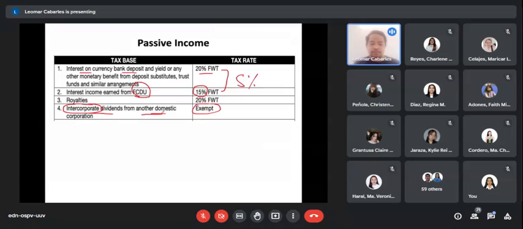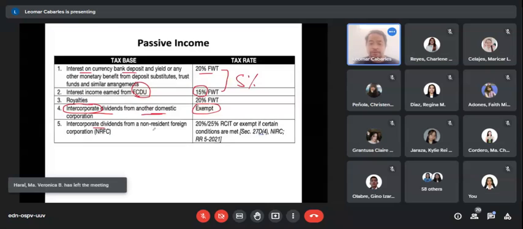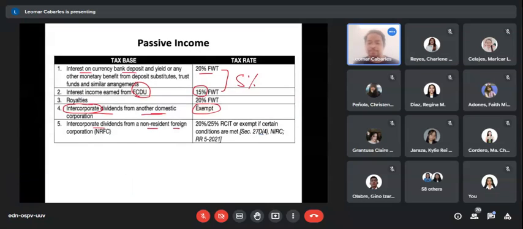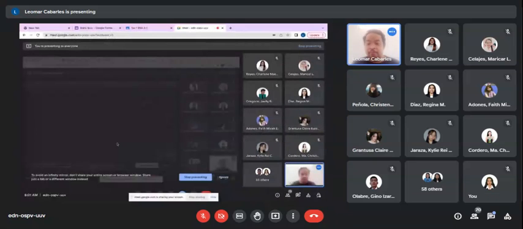However, if ang intercorporate dividends came from a non-resident foreign corporation. Okay? Non-resident foreign corporation. So let's say si Jollibee, domestic corporation siya, di ba? Meron siyang investment kay Apple or kay Samsung. No? So let's say these are non-resident foreign corporations. Okay?